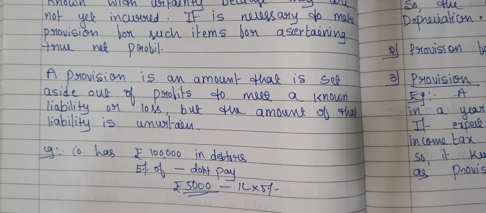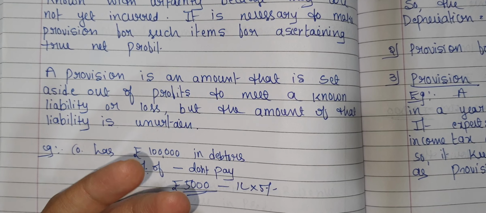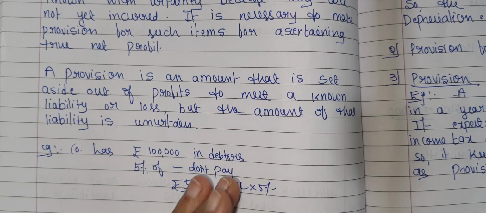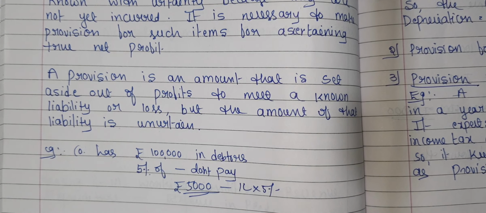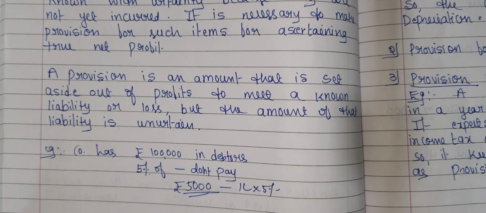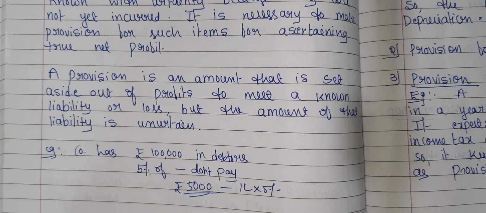So the company does not suffer a new loss at that time. Why? Because the money was already kept aside, that is rupees 5,000. Clear? So I hope now the meaning of provision is clear to you all. In simple words, provision means money kept aside for a possible future loss.